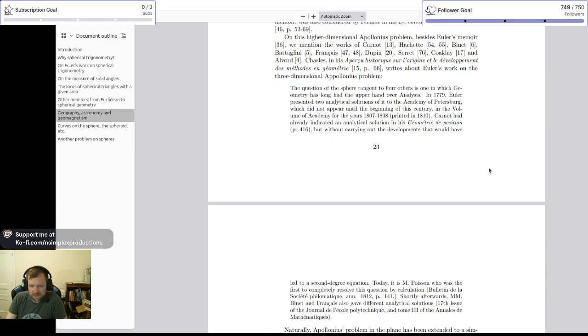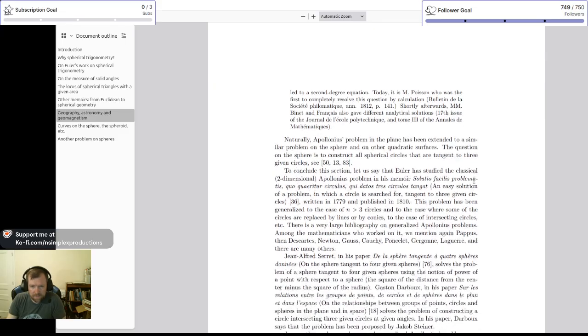Shortly afterwards, Messieurs Binet and Français also gave different analytical solutions in the 17th issue of the Journal de l'École Polytechnique and in Tome 3 of the Annales des Mathématiques.